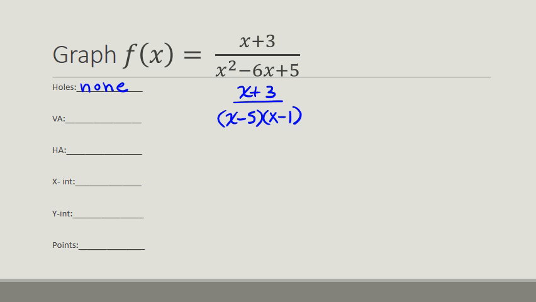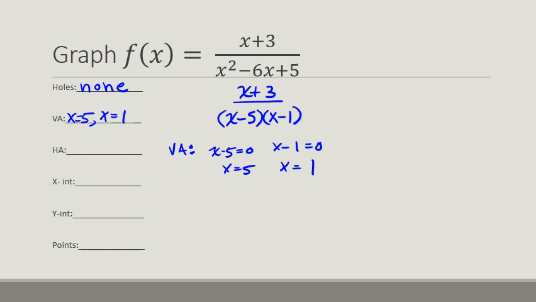My vertical asymptotes, I take my bottom and I set each of those factors equal to 0 and solve them. So x equals 5 and x equals 1. So those are my vertical asymptotes. It's where the graph doesn't exist, and that makes sense because if either of those are 0, then my function does not exist.